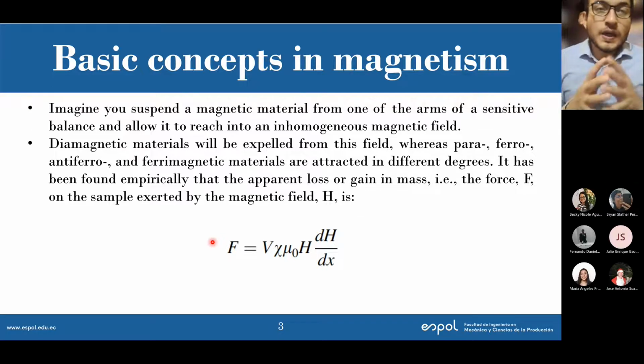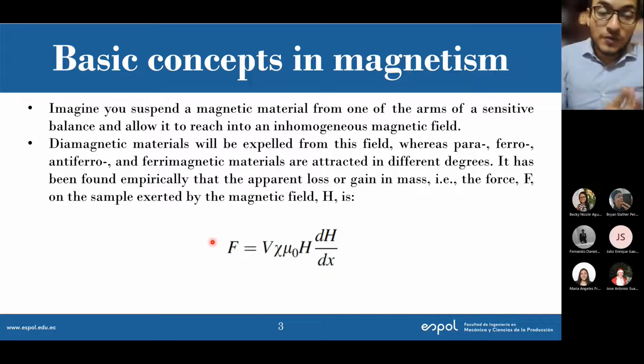So let's imagine you have a magnetic material suspended from one of the arms of a sensitive balance, and then after some time you allow it to reach into an inhomogeneous magnetic field. Well, that material will have different responses depending on the type of magnetic material it is.